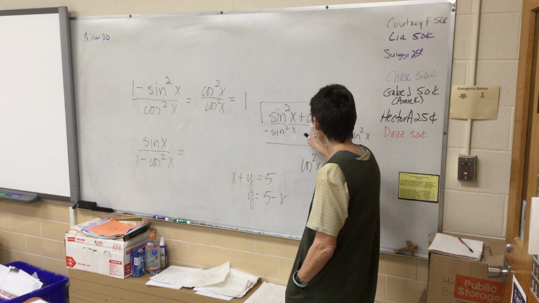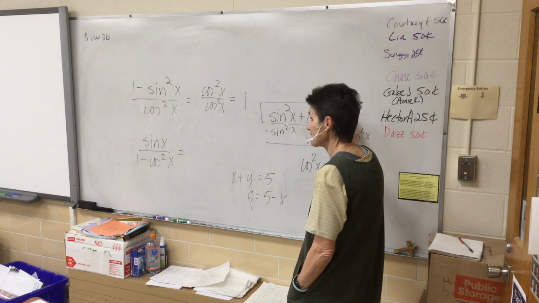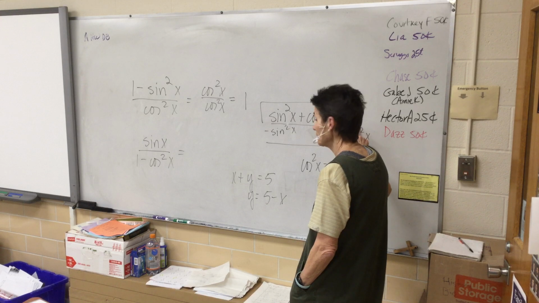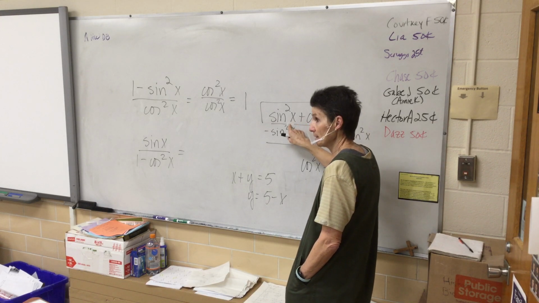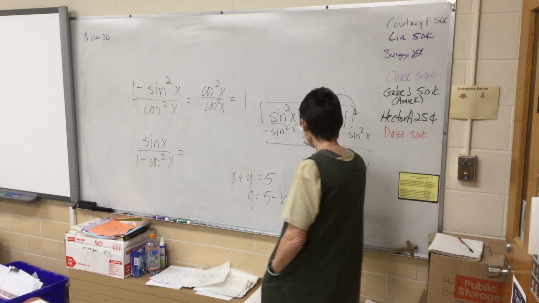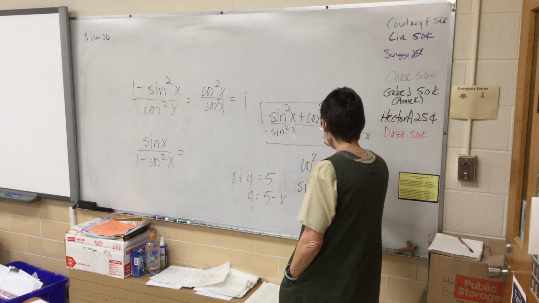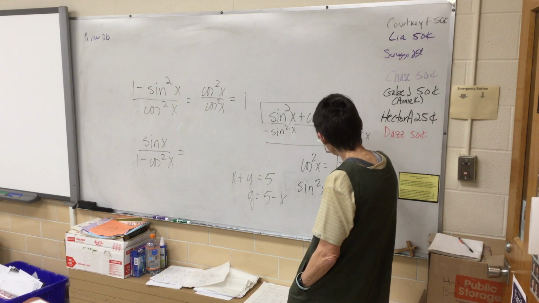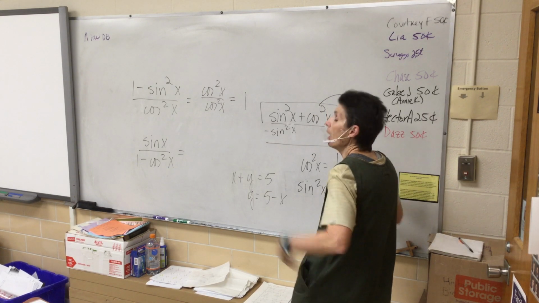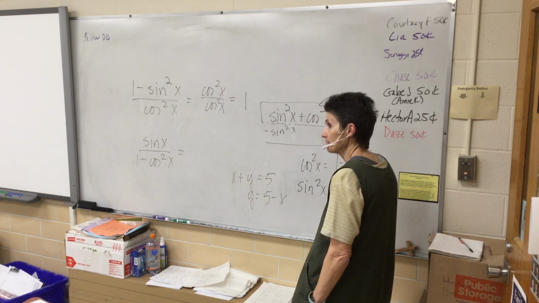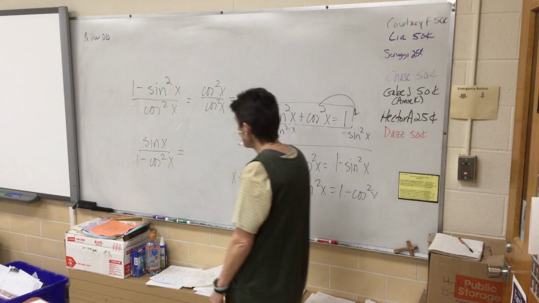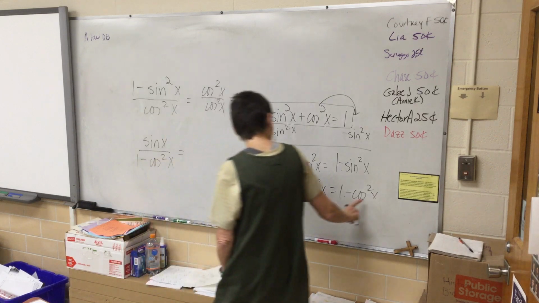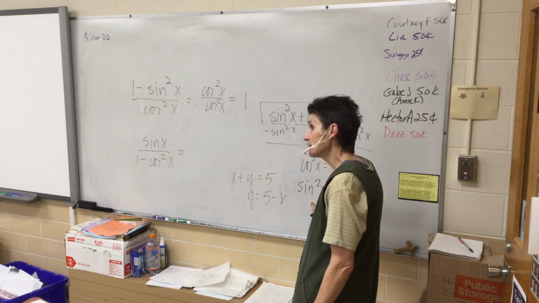Sine squared, yep, because if you move this over here to this side, it'd be 1 minus cosine squared, and all you'd have left over here is sine squared. So sine squared equals 1 minus cosine squared. These, that one in the box and these two, are the exact same equation. So when you see a 1 minus cosine squared, you're going to think of that as sine squared.